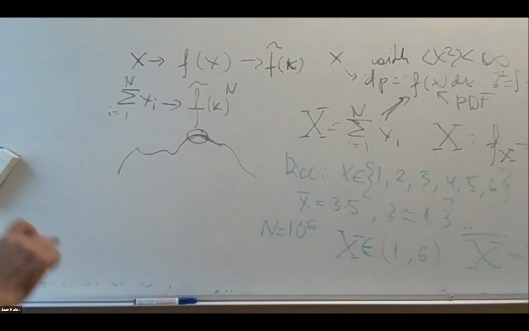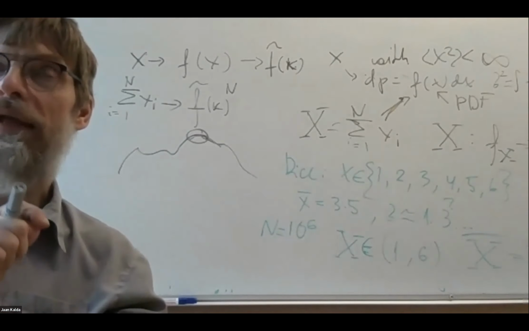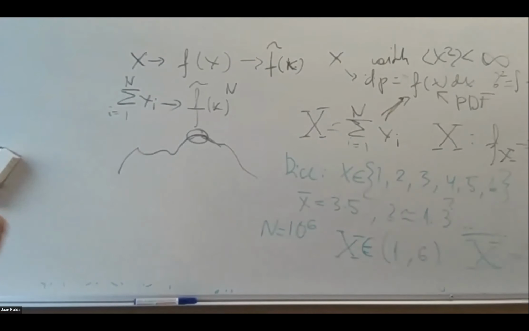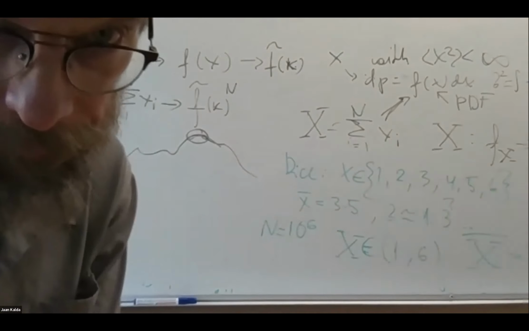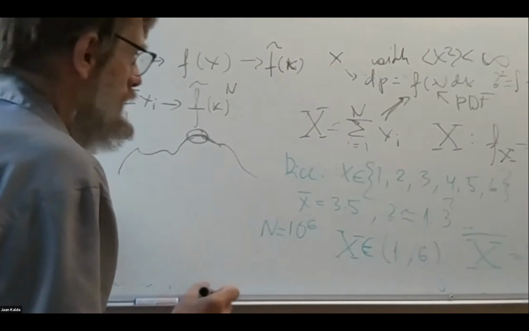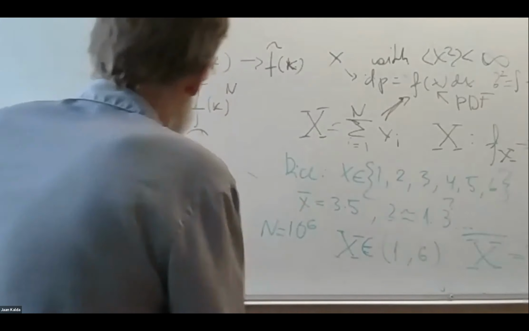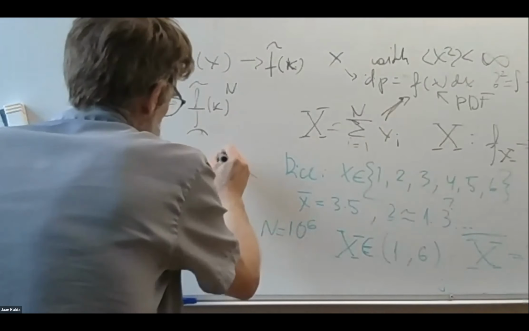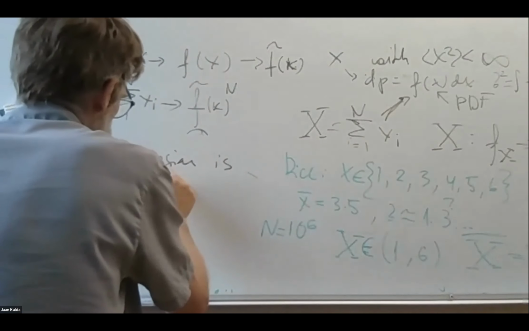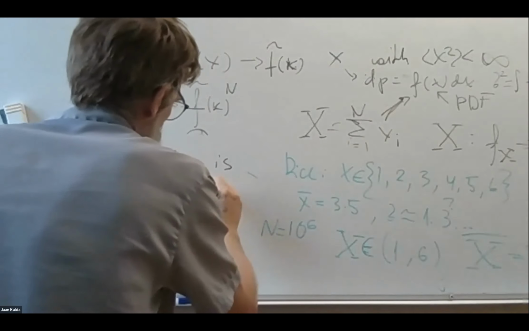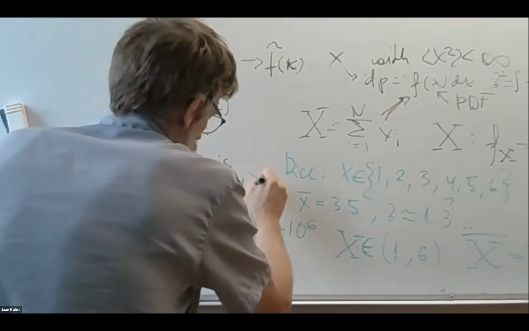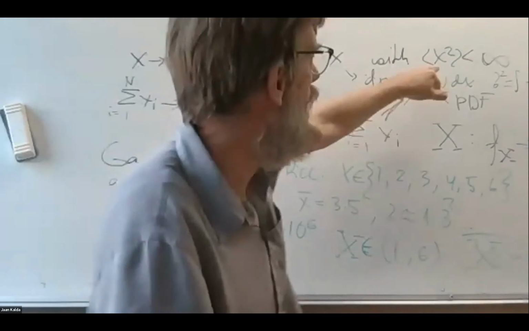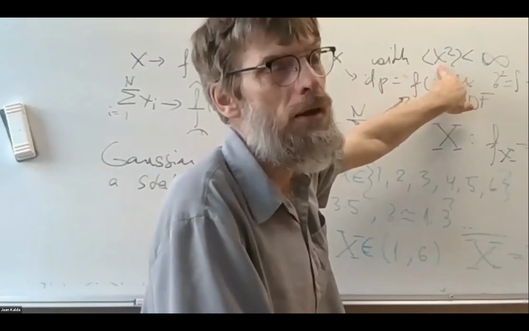But yeah, that is why this is called a stable distribution. Gaussian distribution is a stable distribution, and the only stable distribution as long as you have a second moment smaller than infinity.